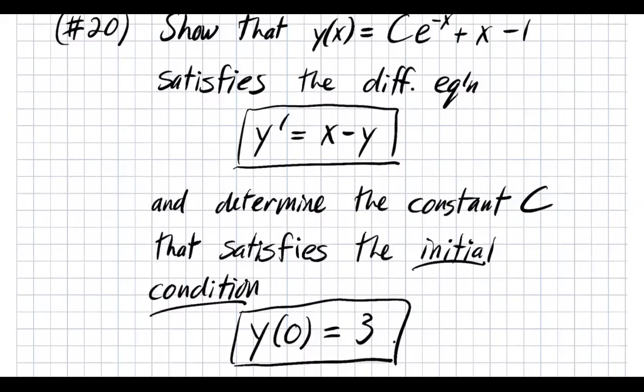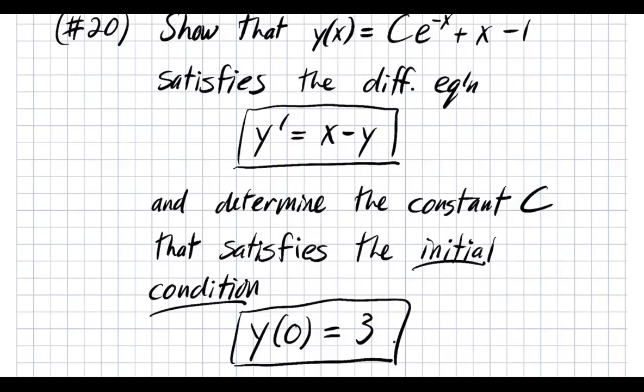What we'll use is the initial position, for example: what is the value of y when x is 0. This initial condition is going to be y of 0 is 3. Using this, we'll be able to determine the constant c, and that'll give us a unique solution to the differential equation that satisfies this initial condition.